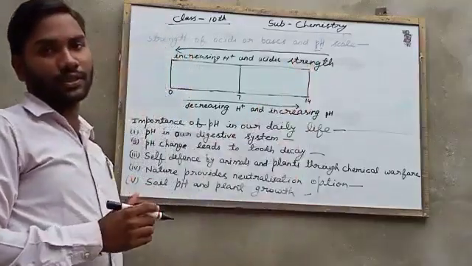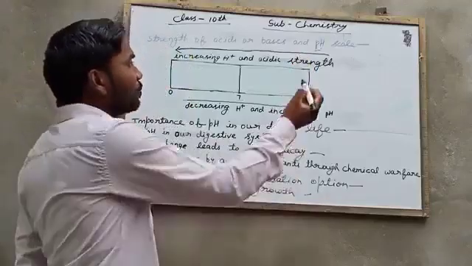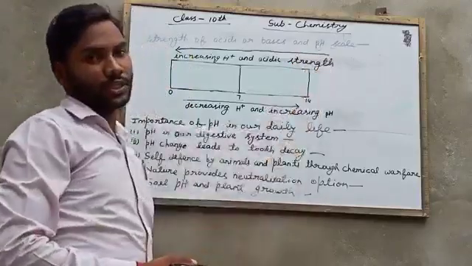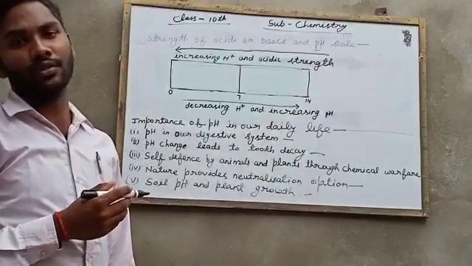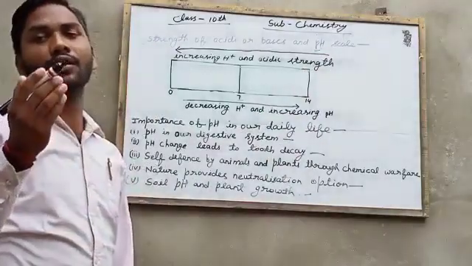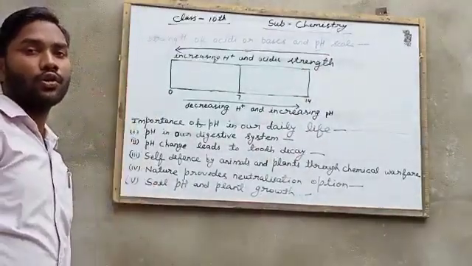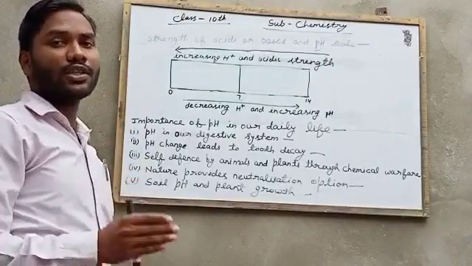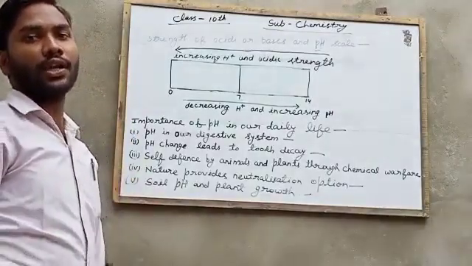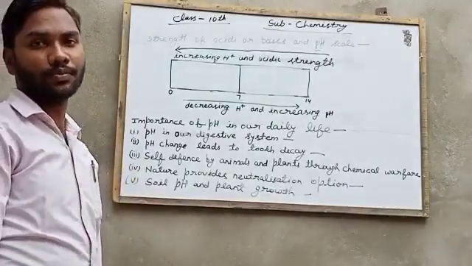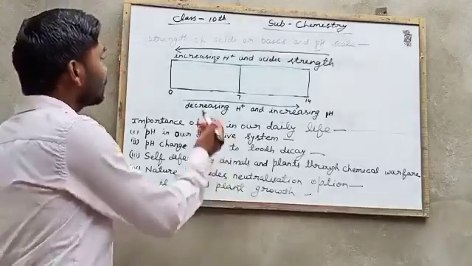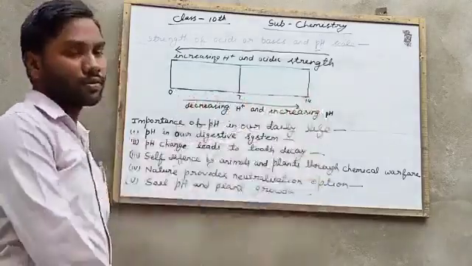What is pH? In German, P stands for potenz, meaning power, and H stands for hydrogen. So, in a solution, what is the power of hydrogen? That is known as pH. pH ranges from 0 to 14.